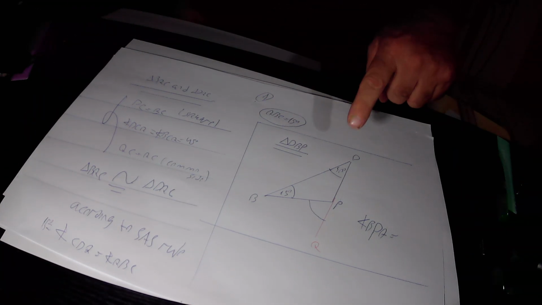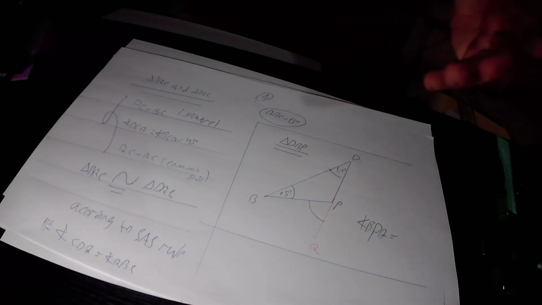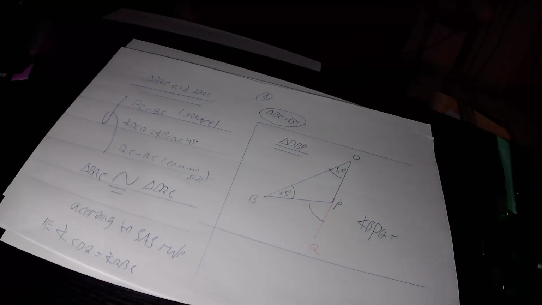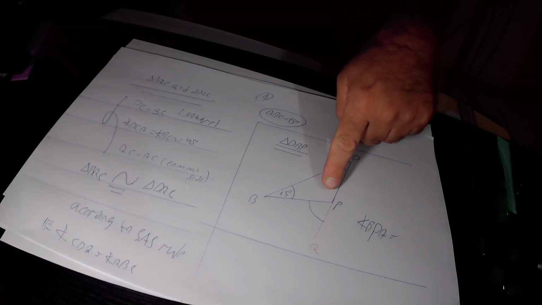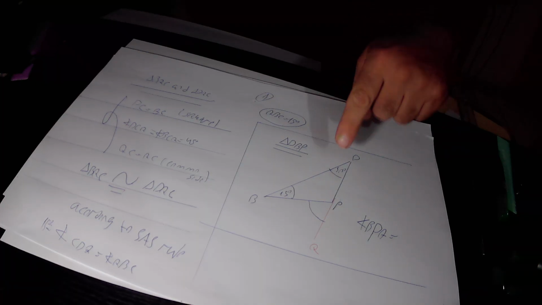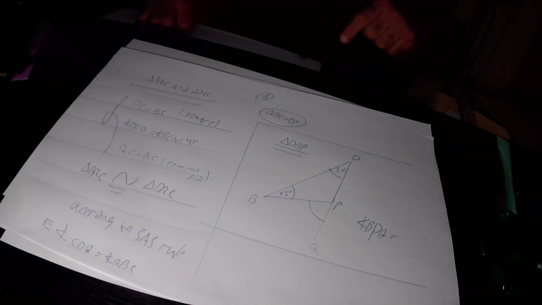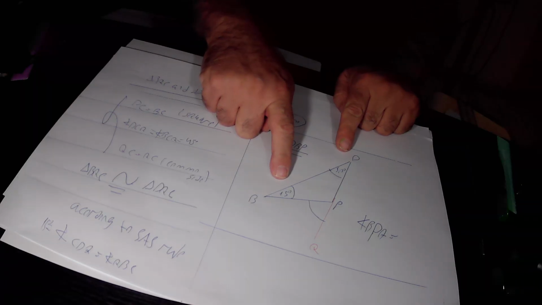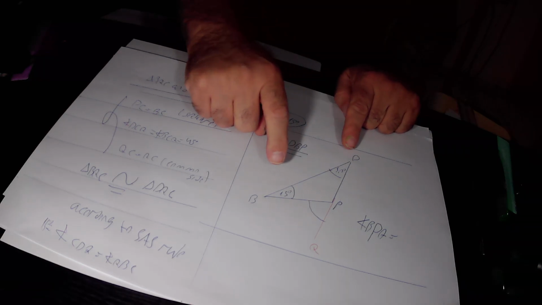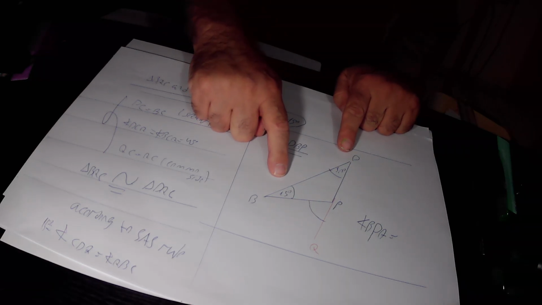According to Rule 8, the size of this external angle BPQ is equal to the sum of the two angles that are not adjacent to it. This angle in triangle DPB is adjacent to it. Those are the two angles that are not adjacent to it.